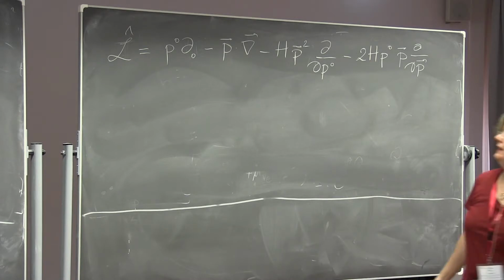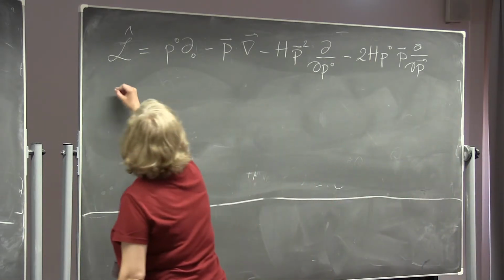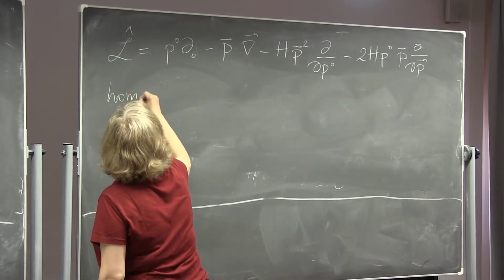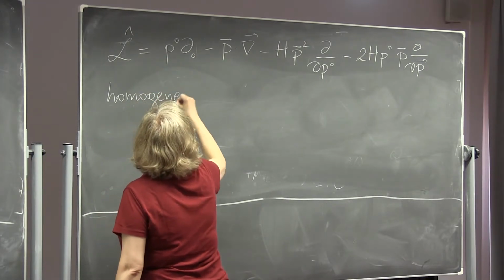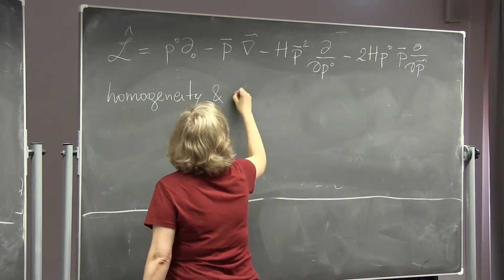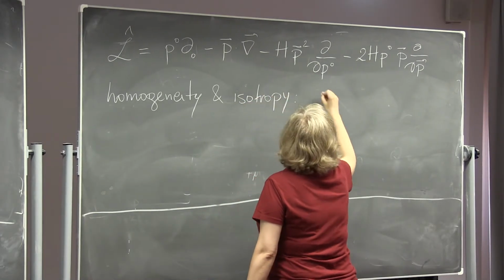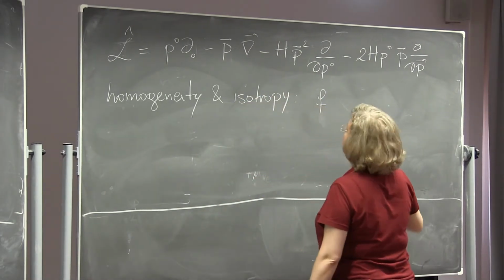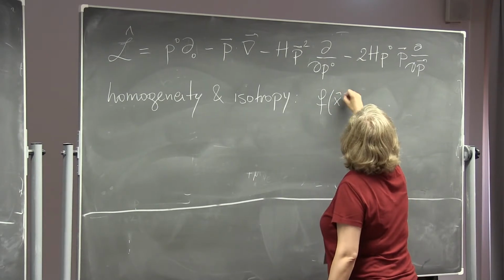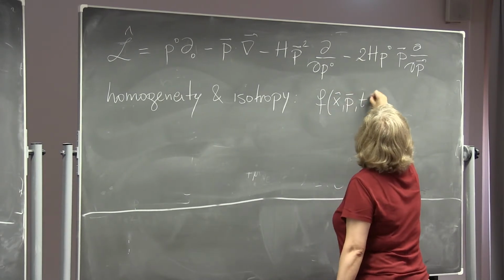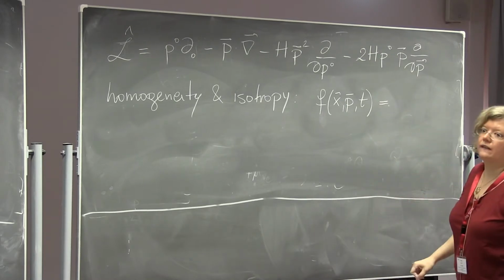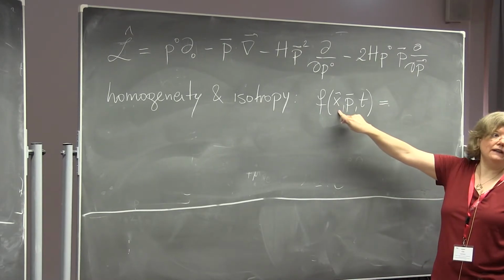But generically, homogeneity and isotropy imply that at zero order, at least, the distribution function cannot depend on space.